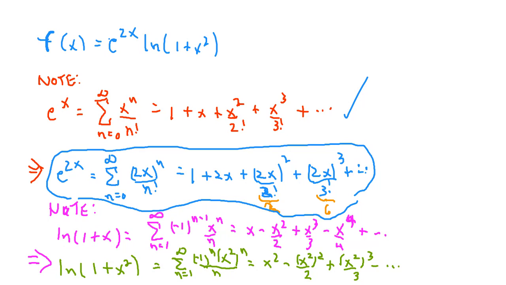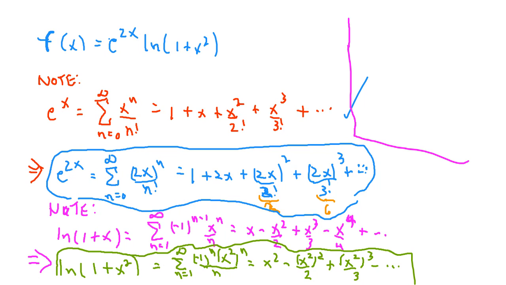Give me a thumbs up if you're okay with this. I want to make sure of this. Think of it like this: e to the x power is equal to this Maclaurin series.